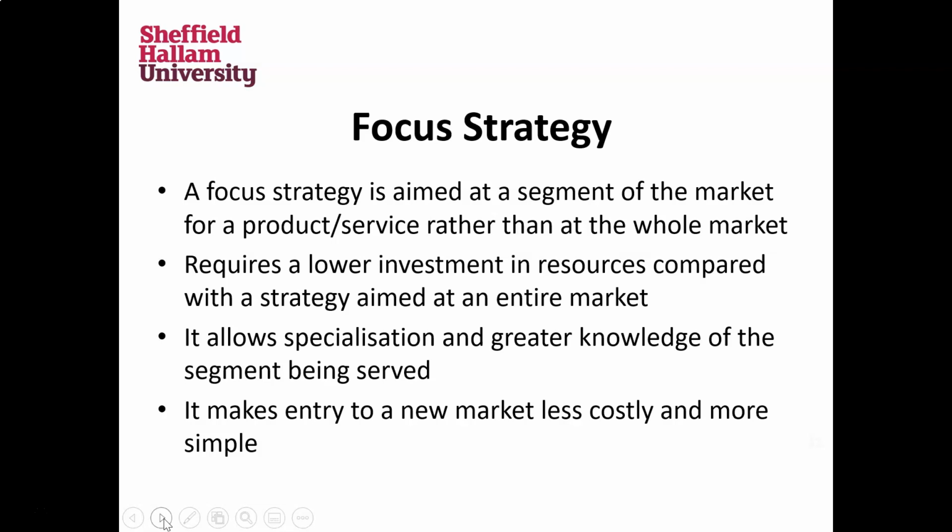So it has grown slowly and incrementally into a big organisation with many, many different sports equipment ranges, but it began as a focus organisation serving the running market. Okay.